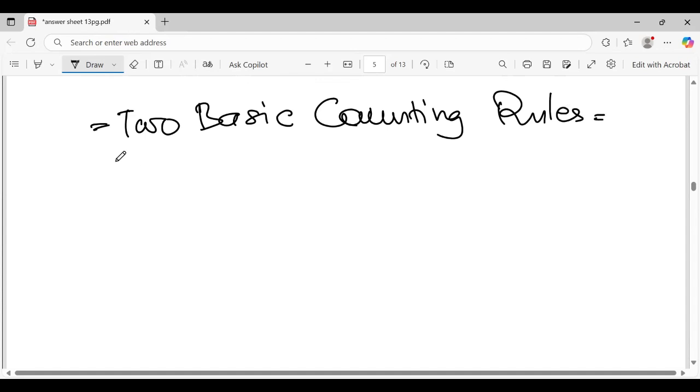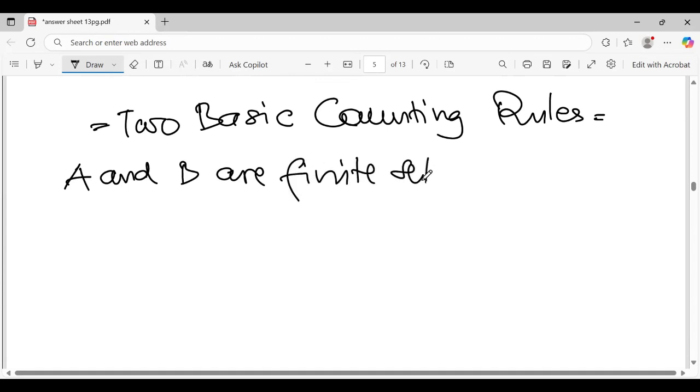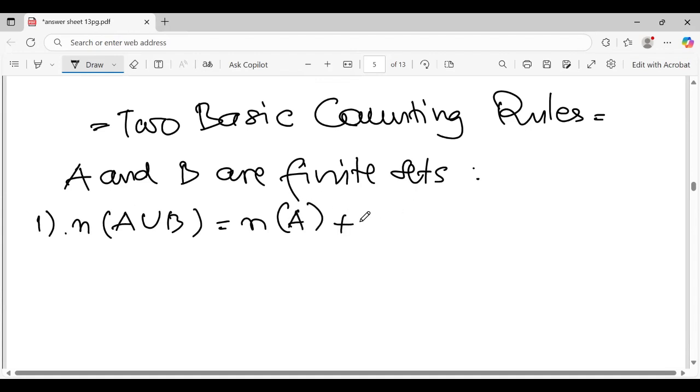If A and B are finite sets, we can state that first, n of A union B is equal to n of A, the number of elements of A, plus the number of elements of B, minus n of A intersection B.